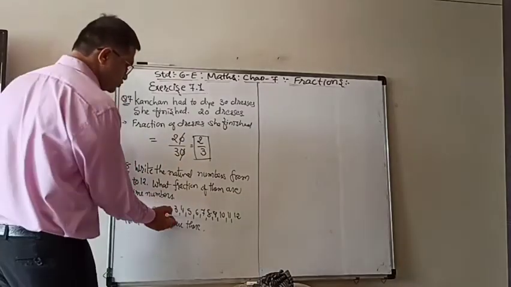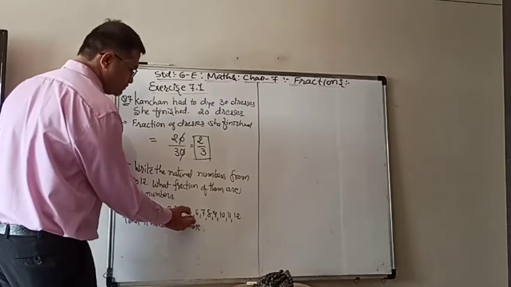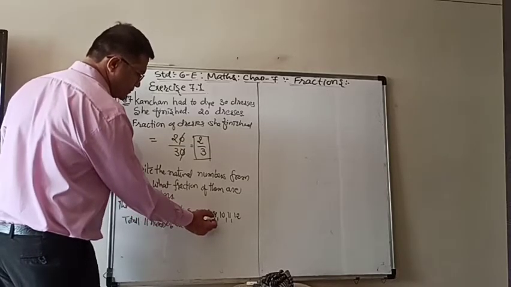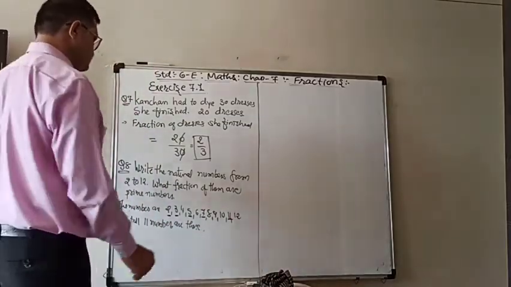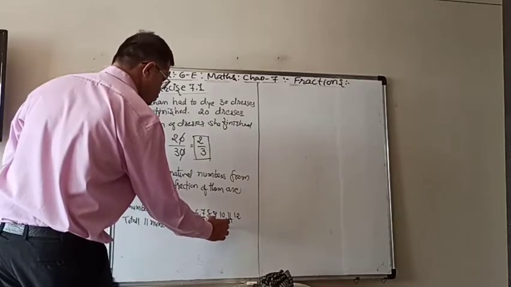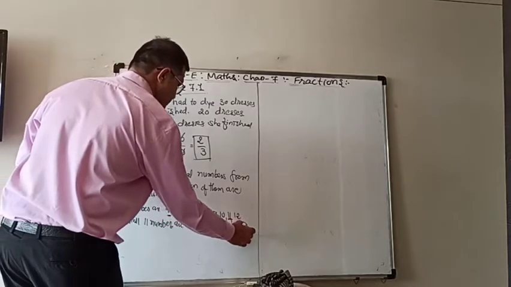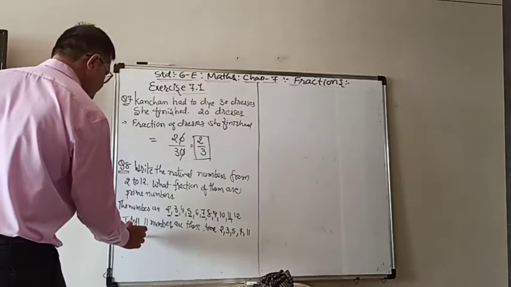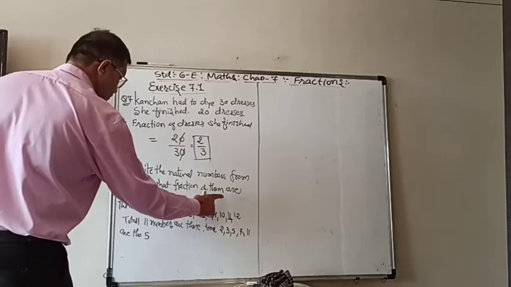So now we know that 2 is a prime number, 3 is a prime number, 5 is a prime number, 7 is a prime number, and 11 is a prime number. Here 2, 3, 5, 7, 11 are the 5 prime numbers.